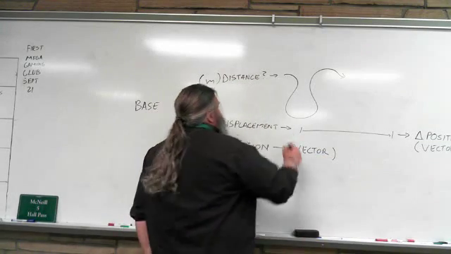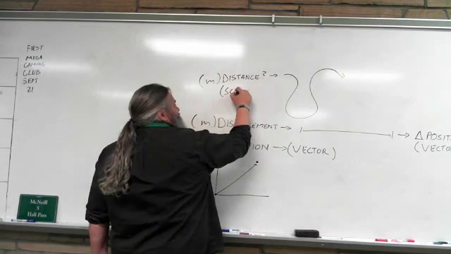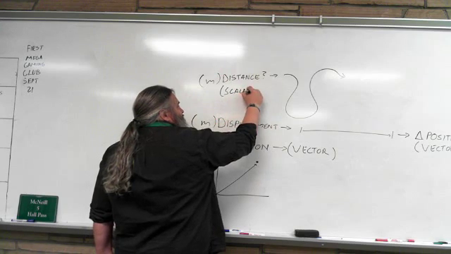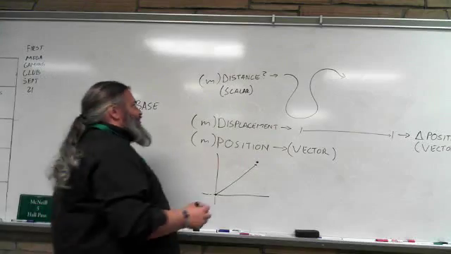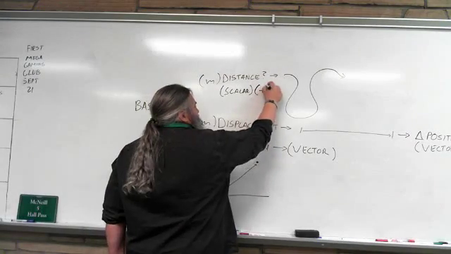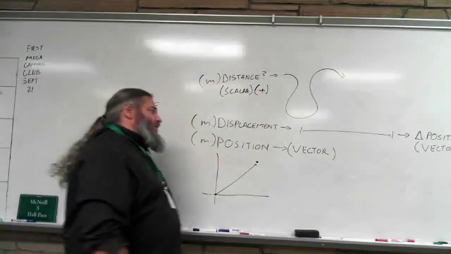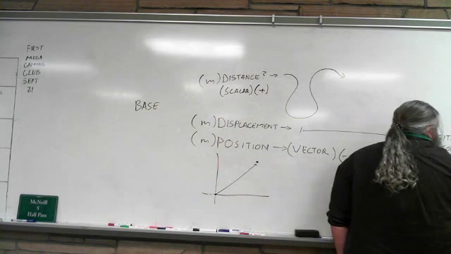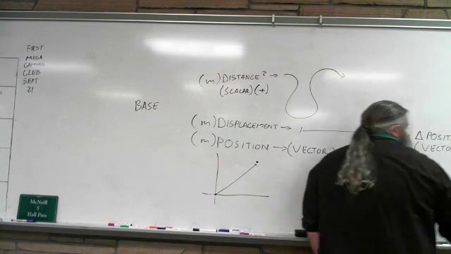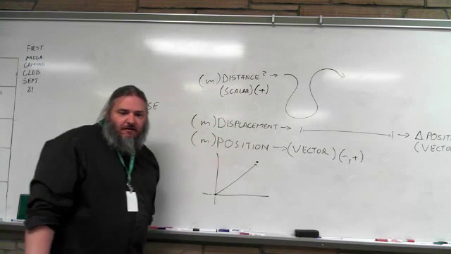So distance is the only scalar. So it doesn't have a direction associated. And the interesting thing is distance can only be positive, where position and displacement can be both positive and negative values.